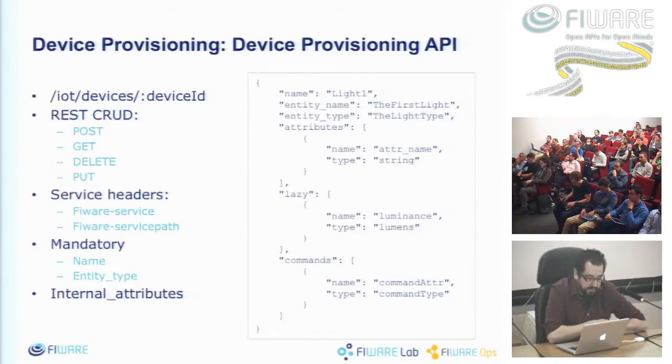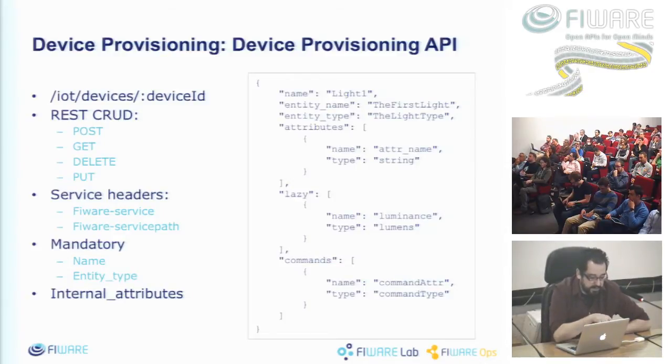In case the entity name is not present in the device provisioning request, a generic entity name based on the name and the entity type is generated for the device. The device provisioning API is a typical REST API.